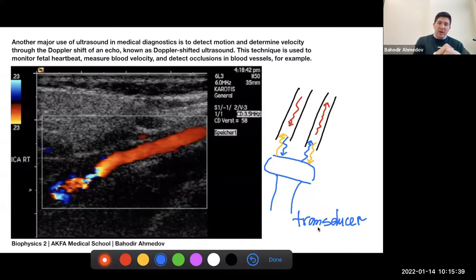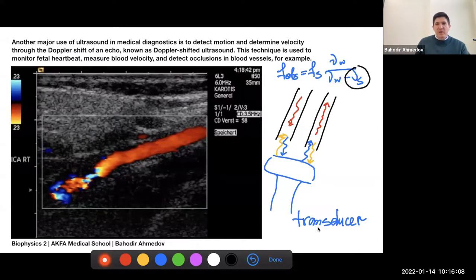Again, by putting everything into the previous formula, we can calculate the speeds, right? Do you remember that we have this formula? F observer is equal to Fs times V wave divided by V wave minus or plus V source, right? You can find V source from this formula easily, and then you can calculate the speed of the blood and also its direction.